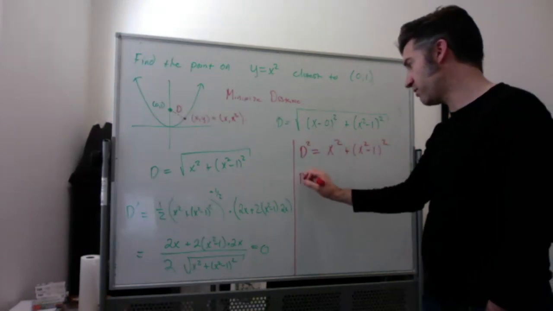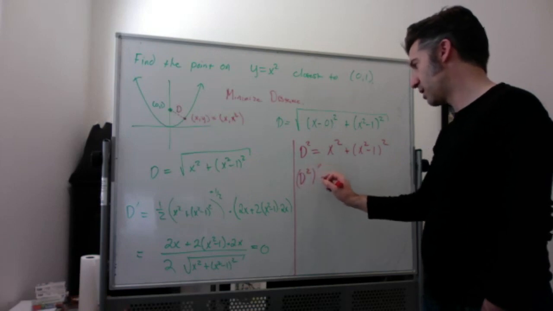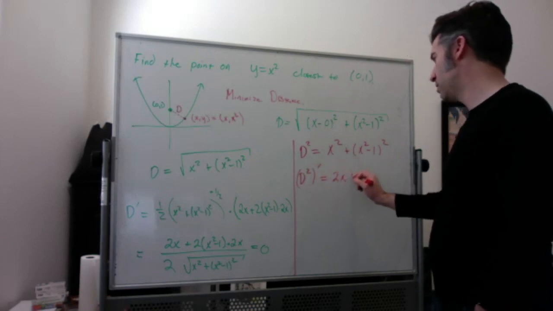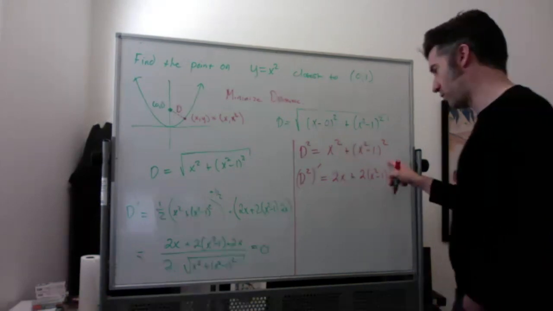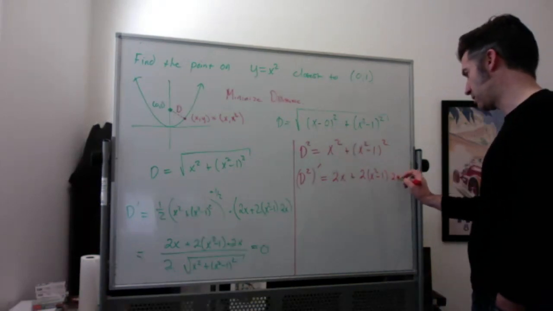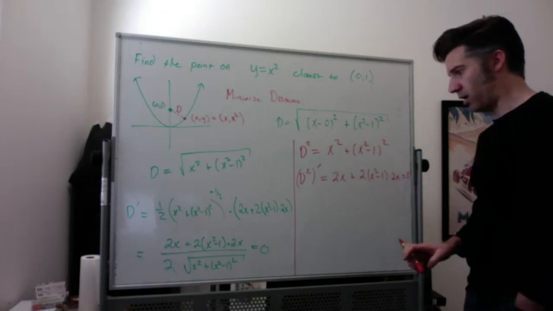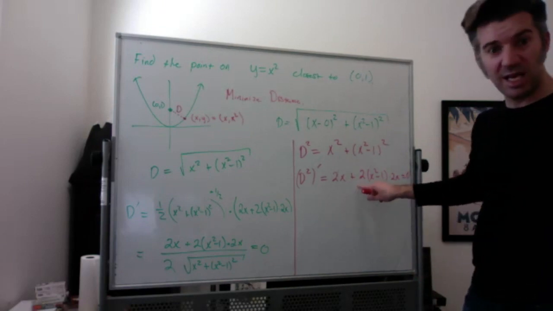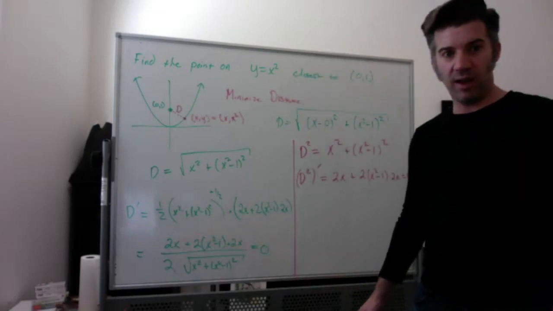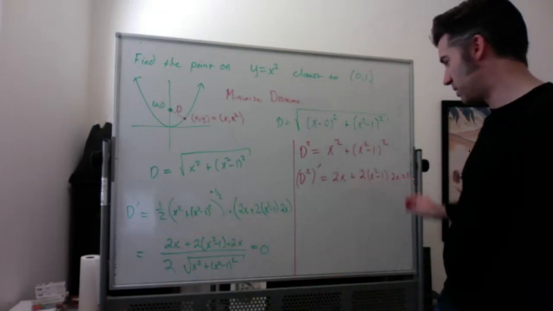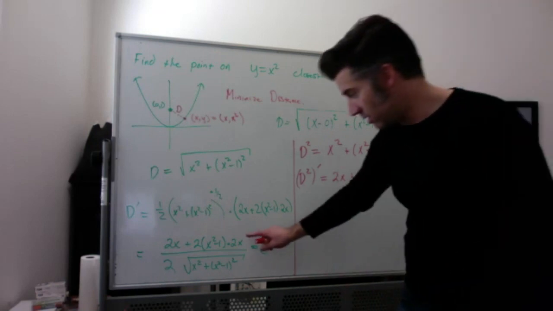If I take the derivative of that, I get 2x plus 2 times x squared minus 1 to the first times the derivative inside, which is 2x. Now look, this thing here is exactly the numerator of that there. And if I'm solving this equal to 0, it'll be the same as solving this equal to 0.